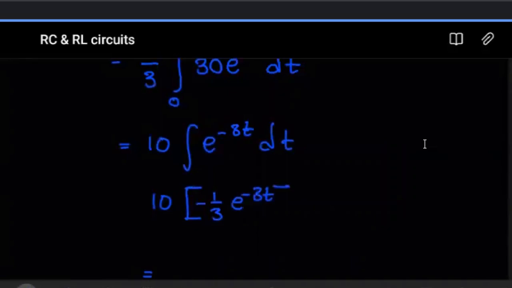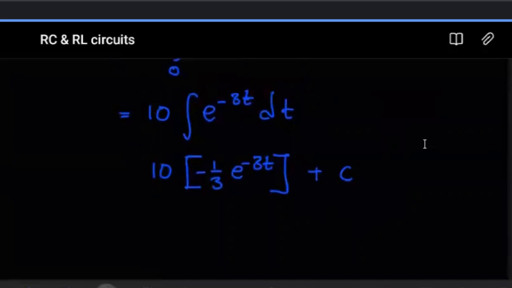Now, after integrating, you know you're going to put plus c, right? You get this part, right? Plus c. Yes. C here is the constant of integration.